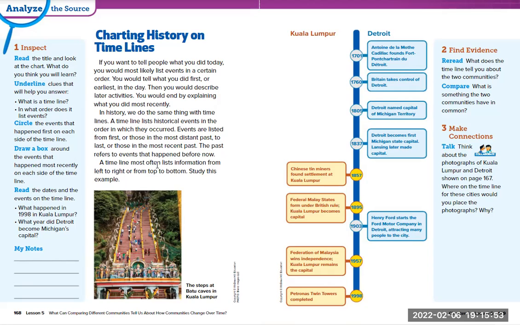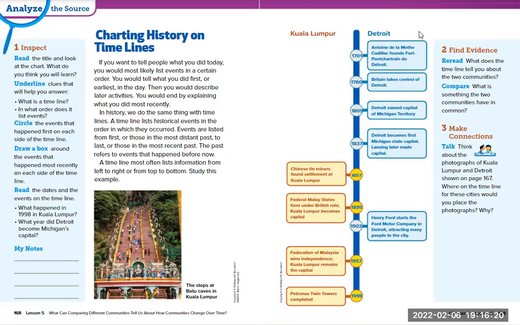A timeline most often lists information from left to right or top to bottom. Study this example. So yes, there are multiple forms of timelines. If you were making a timeline like this in your project, then you could definitely start with the earliest thing that you wanted to write about on the top and the latest thing that you wanted to talk about on the bottom.